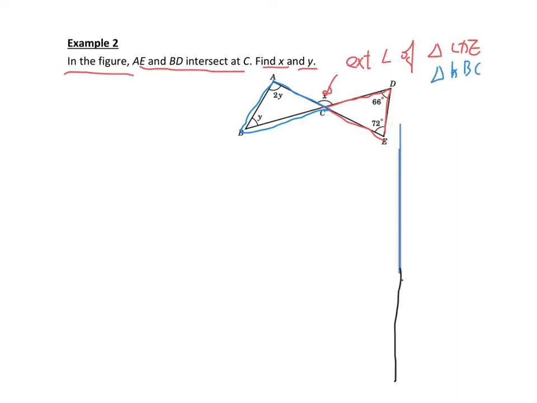So actually, we can use the property of an external angle of a triangle twice. And we consider the triangle CDE. So in this triangle, we can use the external angle of the triangle once.